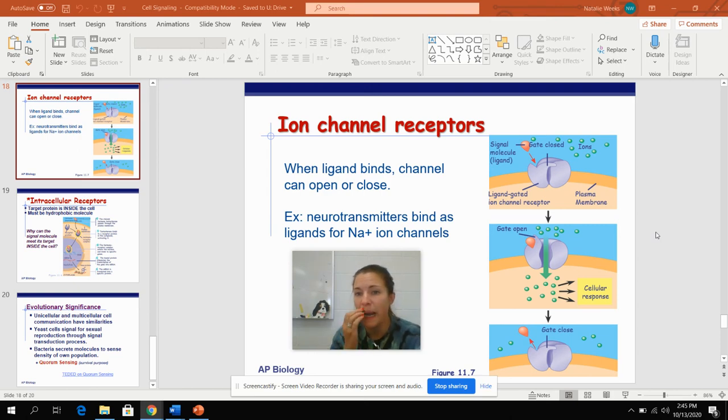So when ligands bind, it's going to turn on or off a channel. Here the protein is closed, here the protein is open, and now these ions can go inside. Ions are either negatively or positively charged, so it's going to create a net difference of charge across that membrane that's going to cause some cellular response.